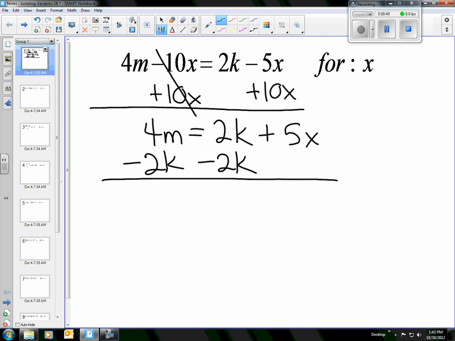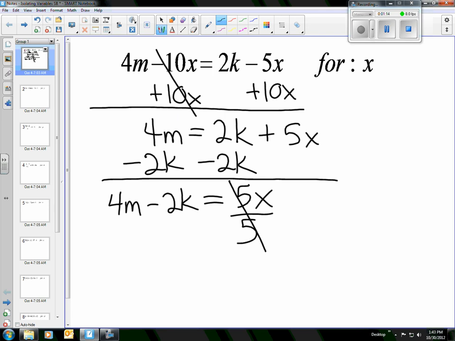Okay, but the 4m and the 2k are not like terms, so I cannot combine them in any way. So I'm just simply going to write 4m minus 2k on the left side, and that's going to be equal to 5 times x. Now at this point, to get x by itself, we want to divide by 5 on the right side. So 5 divided by 5 is 1.